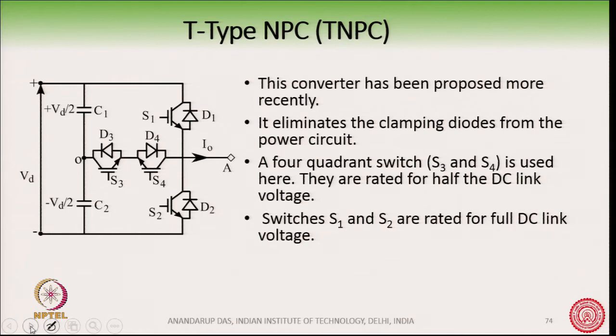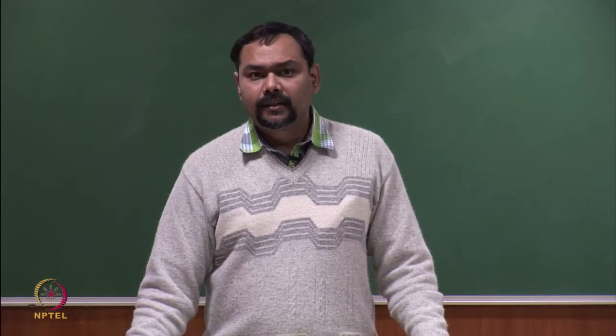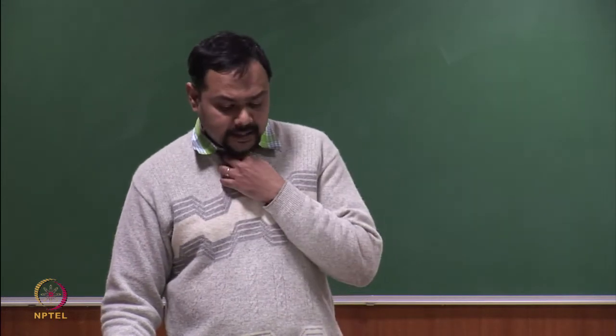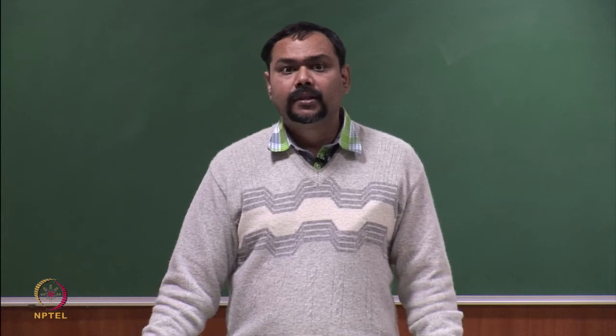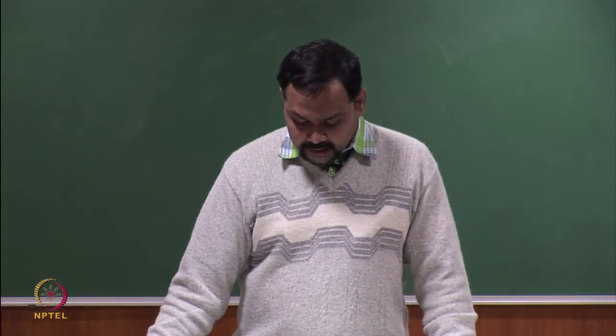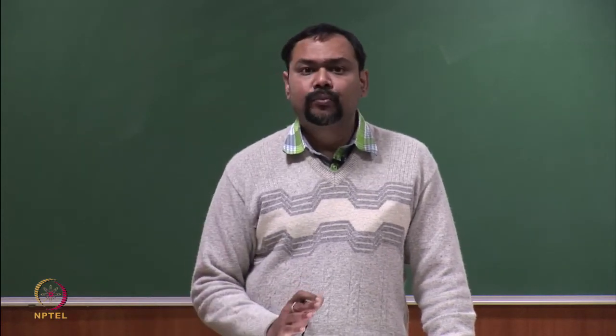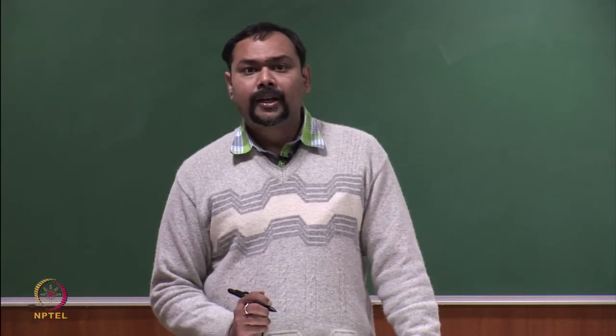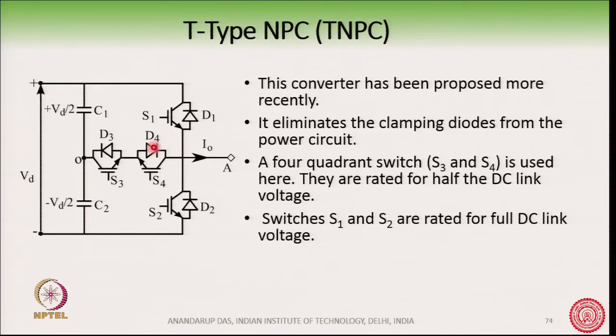Then we will talk about something like a TNPC. So, this is another type of NPC, which has been proposed more recently. Here the circuit is like what I have shown on this circuit diagram.